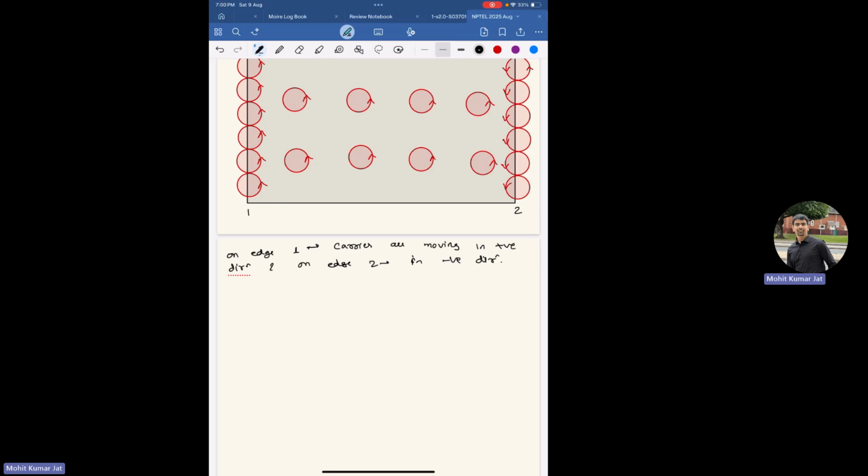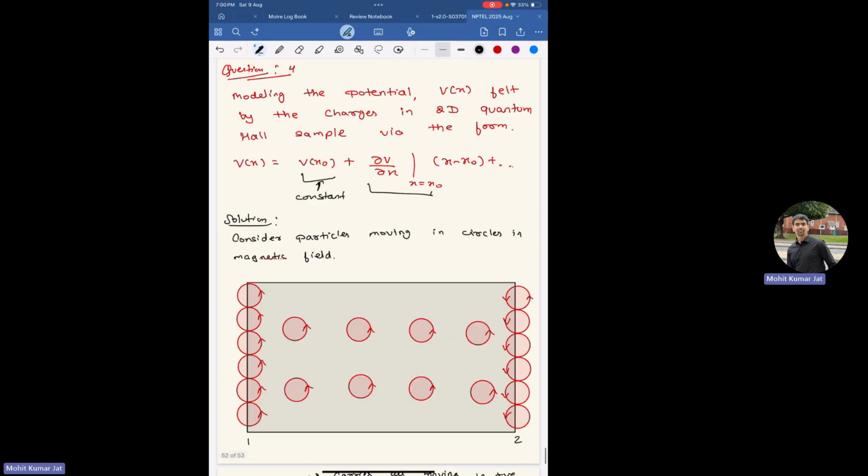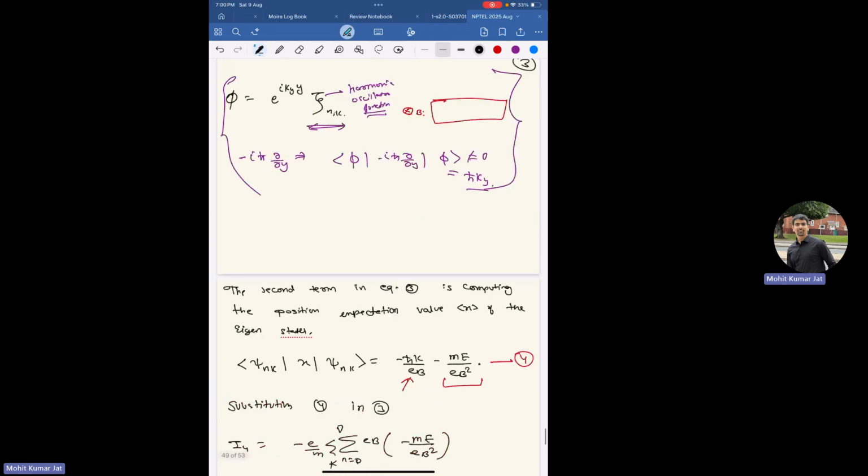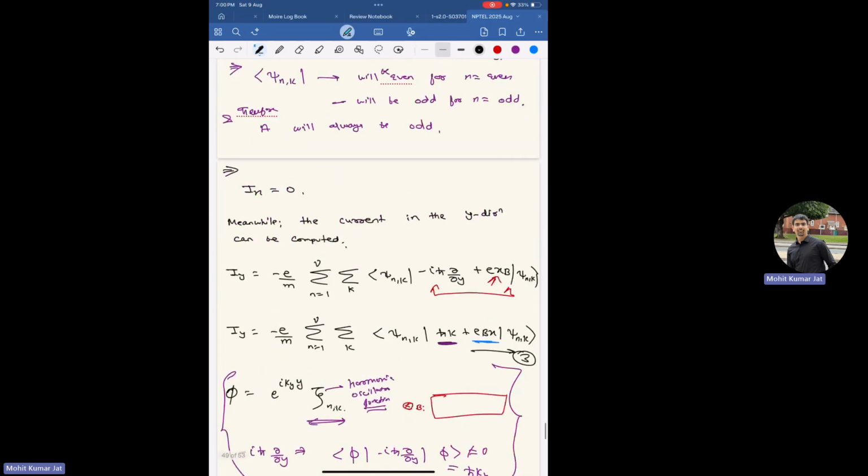And that's why your Ix is 0, because one component of the current is going in the plus direction, and another is going in the minus direction. They both add up, equal in magnitude, opposite in direction, and your Ix is 0. That's something which we derived here. If you see, your Ix was 0. That's the physical picture of what this Ix equals 0 means.